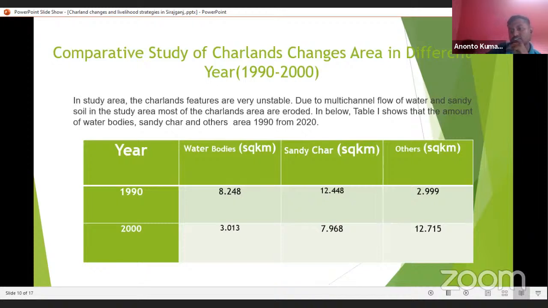But the other area in 1990 was 2.9, and in 2000 it increased to 12.71, because men are now using the land for different purposes. So the water body decreased, the shoreline decreased, but the other area increased.